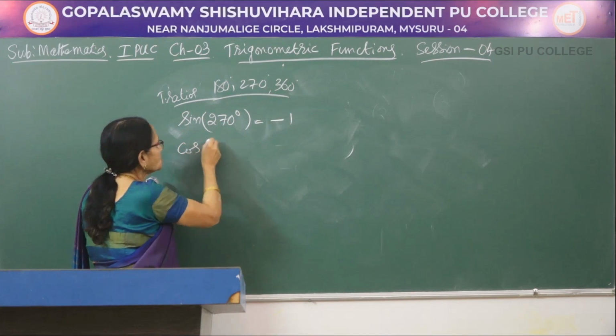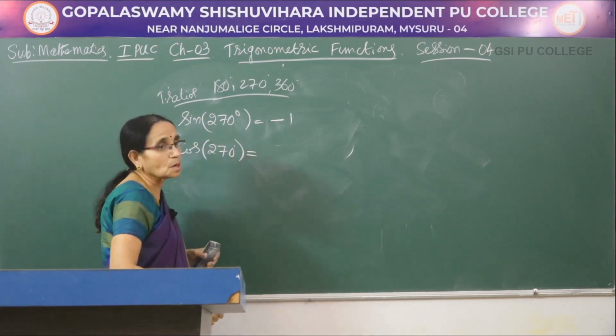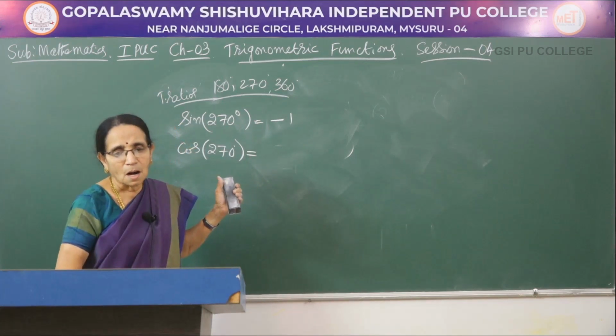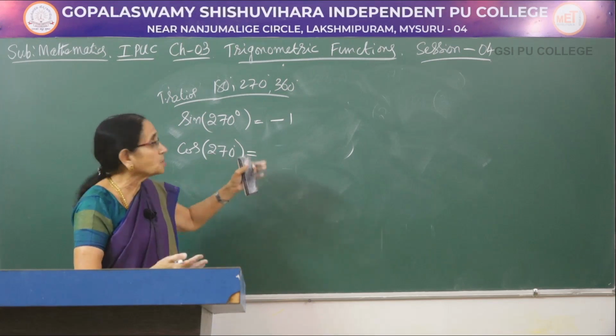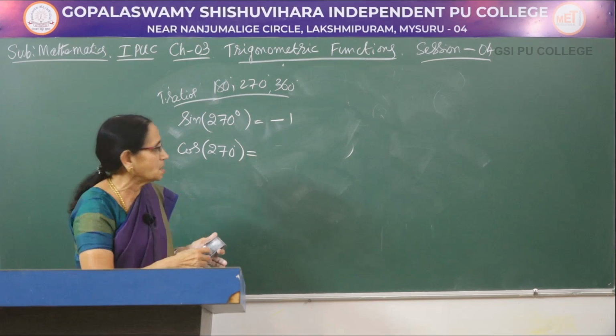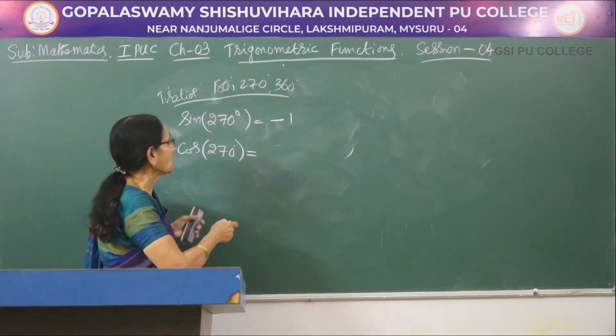Now, cos of 270. You can write it as 180 plus 90, or you can write it the other way also, 360 minus 90. If you write 360 minus 90, even then you will be getting the same value. There is no difference in that one.